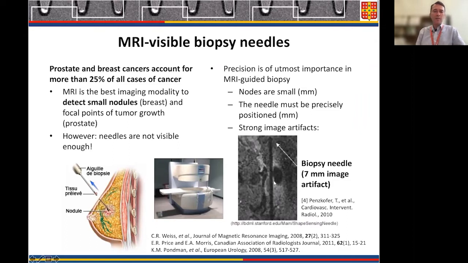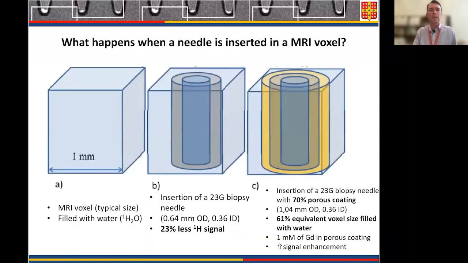In this case, a 1 millimeter diameter biopsy needle is visualized in the form of a 7 millimeter image artifact. So this very strong image artifact is not representative of the geometry of the needle. And when it comes time to perform a very small biopsy of 1 or 2 millimeters in a nodule, and often less than that, it is problematic.